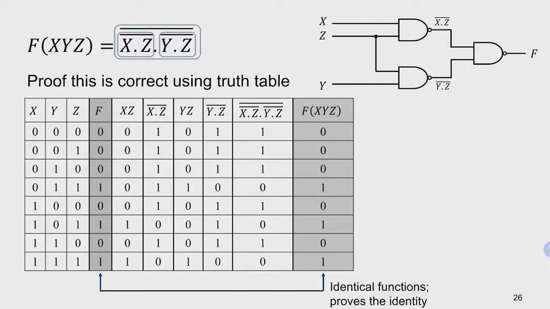And to prove that they are the same, we start off with the truth table that is given, and we now can derive the truth table for these minimized functions using NAND gates. So here we take these 2 columns, X and Y, and if we AND them, we can list down all the AND outputs of that.